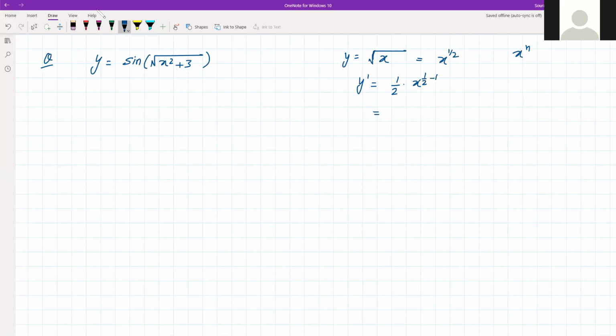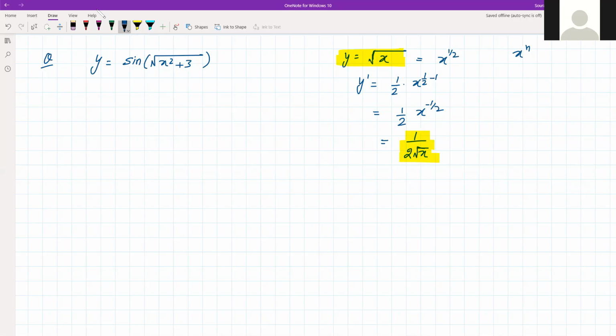So this becomes 1 by 2 into x to the power minus half. That is actually 1 by 2 root x. So if the function is root of x, its differentiation is 1 by 2 root x. We have to keep that in mind, because we'll need it in the second step of this function while we are solving it.